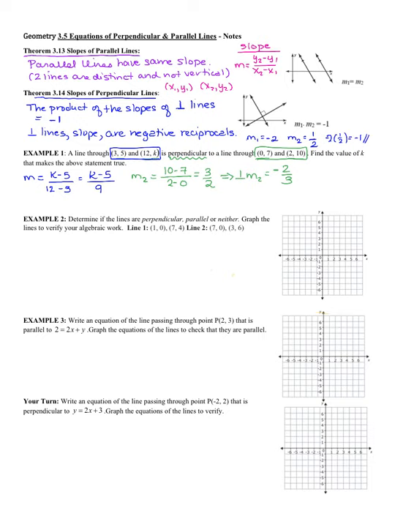I know that I want (k minus 5)/9 to equal -2/3 because we want the slope of the one to be perpendicular to the other. So I can cross multiply, or I'll do this step by step: I'll multiply both sides by 9 so that it cancels out here. That will give me k minus 5 equals -18/3, which is -6.